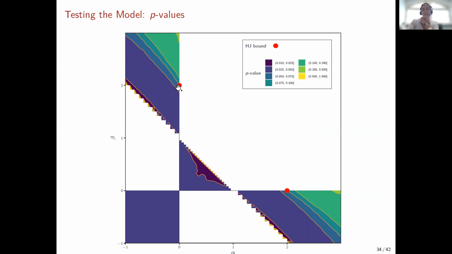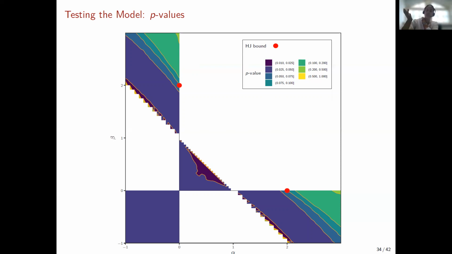It means that at conservative levels of statistical significance, the model passes the HJ bounds. Obviously there's nothing new here. Max and Rick, even in their paper, mentioned that their stochastic discount factors pass the HJ bounds.